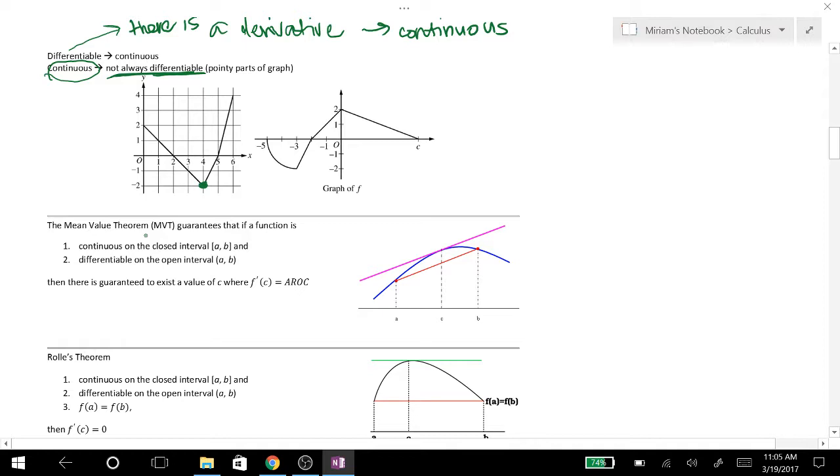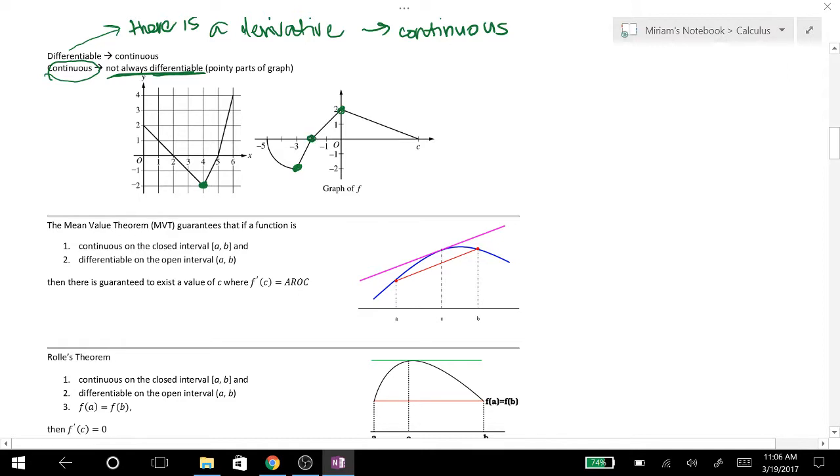But this guy does not have a derivative. The same as this pointy part right here, it is continuous, there's no hole, asymptote, or jump, but it's pointy. And there's no derivative there, just like here and just like here.